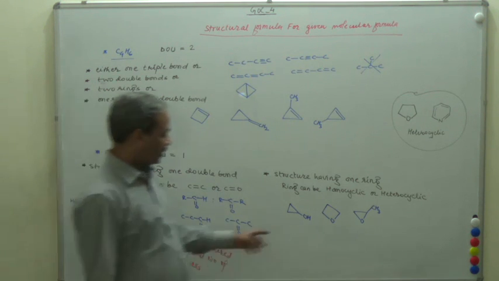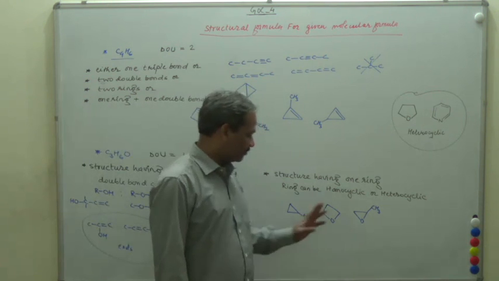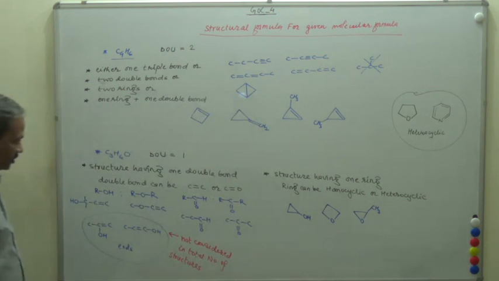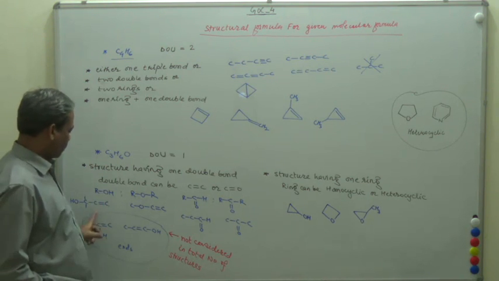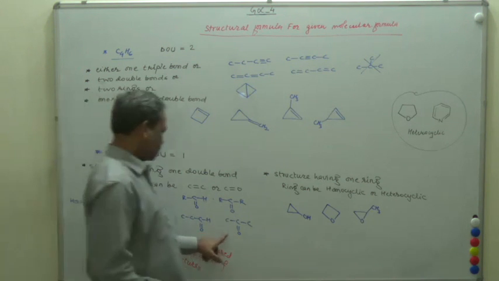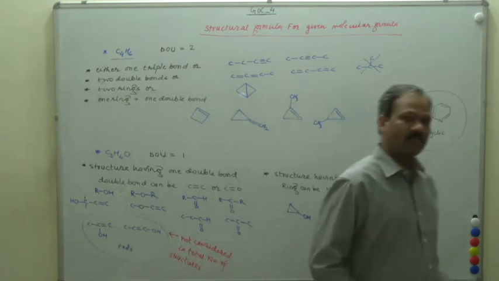So this is the homocyclic compound and these two are the heterocyclic compounds. So for this molecular formula, 1, 2, 3, 4, 5, 6, 7 structures are possible.